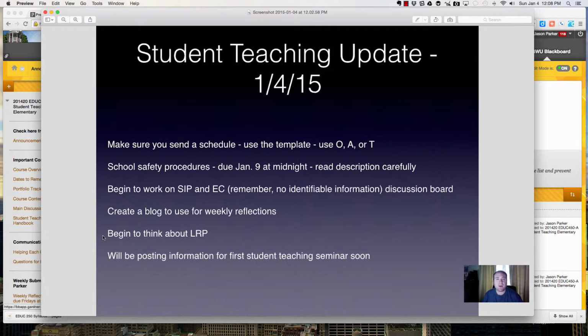We are in January, so please remember to account for bad weather and any changes that may occur in a schedule, and make sure that you have given yourself and your clinical educator time to hold those 10 full weeks of classroom responsibilities, with a gradual assumption of those responsibilities in the beginning of the experience, and then a gradual release of those responsibilities as we move toward graduation.